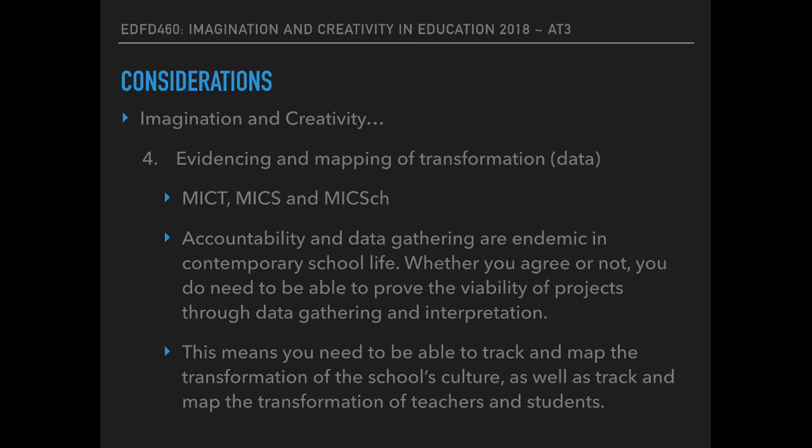So within your framework, the evidence and mapping of transformation are protocols or proformas or strategies or ways that the teachers and students can identify their imaginative and creative behavior and also then gather data around it over an iterative process.